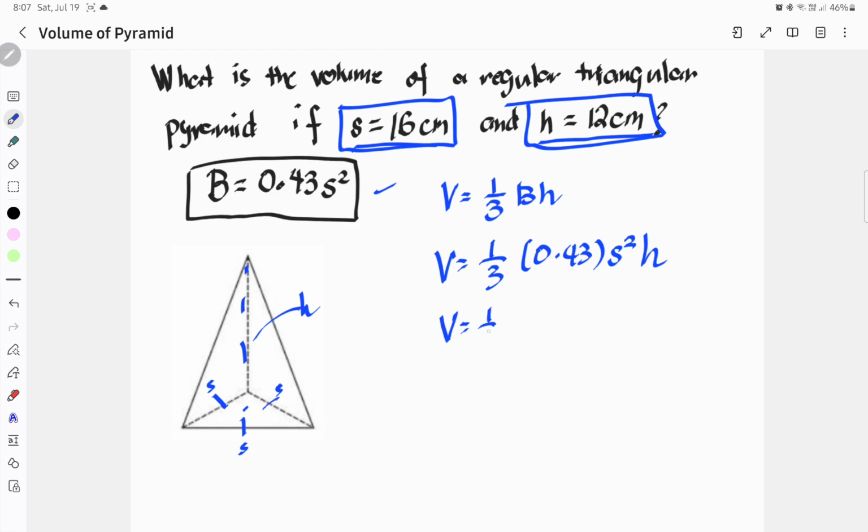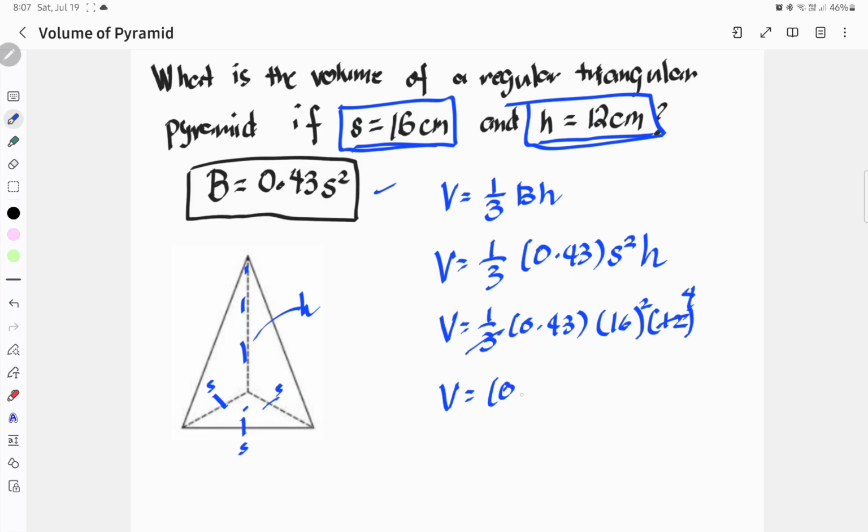Volume would be equal to 1/3, times 0.43, and then our s is 16, and then this is 12. However, the s should be squared. Now it's much easier to cancel this one. This would be 4. So 16 times 16 is 256.